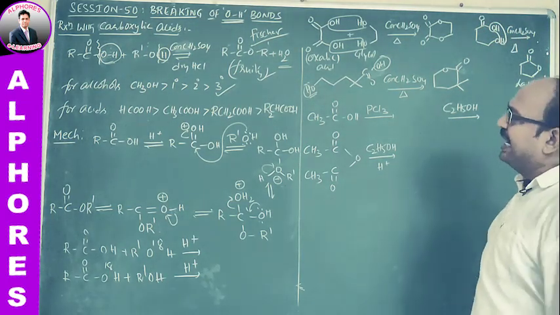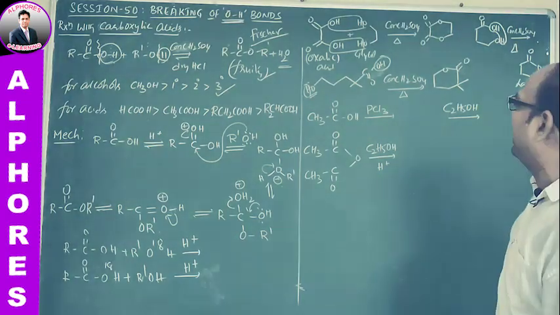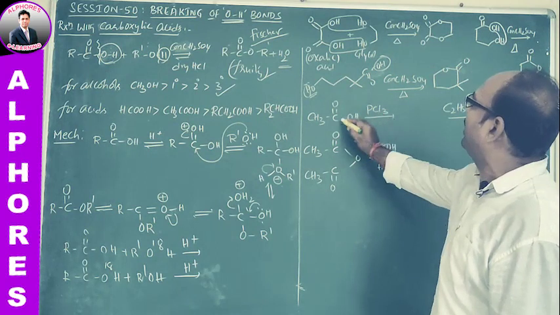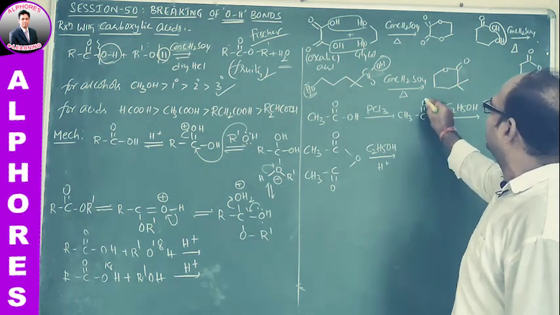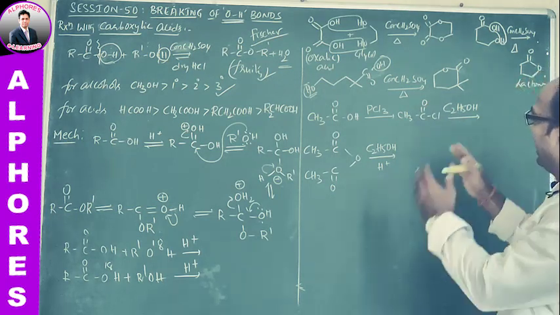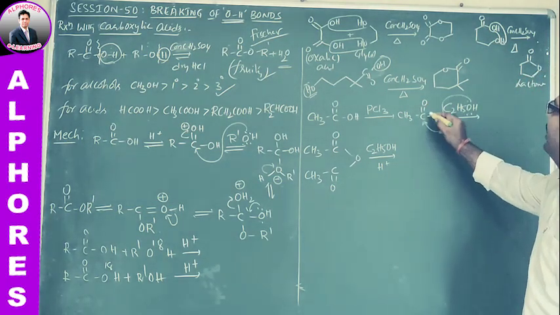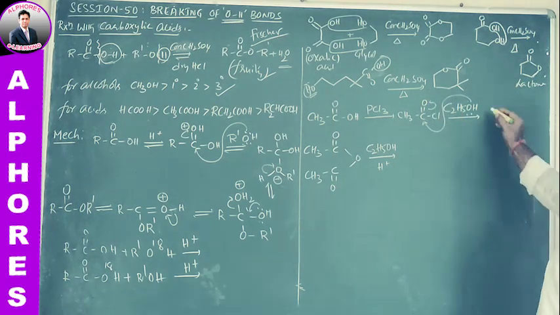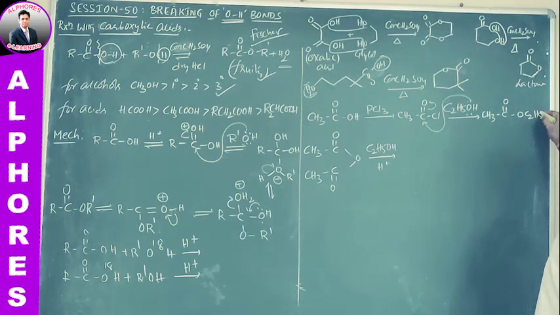Not only carboxylic acids but also carboxylic acid derivatives are going to participate in this reaction. So acetic acid upon reaction with PCl3 gives acid chloride CH3 C double bond OCl, and acid chloride upon reaction with ethyl alcohol, a nucleophilic substitution reaction, gives CH3 C double bond OC2H5, which we call ethyl acetate, an ester.